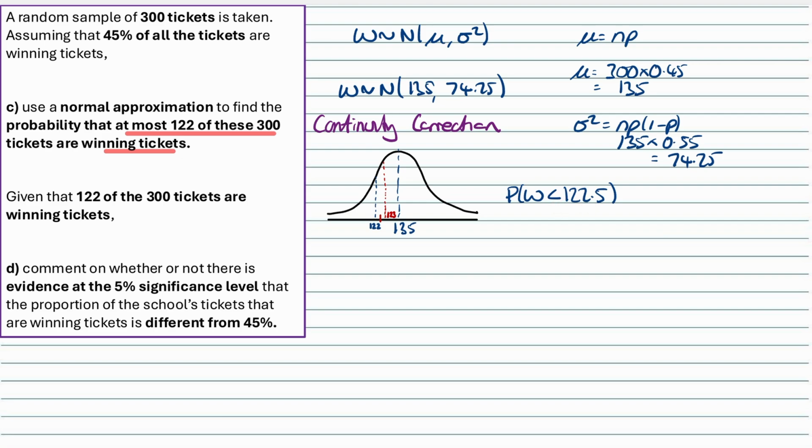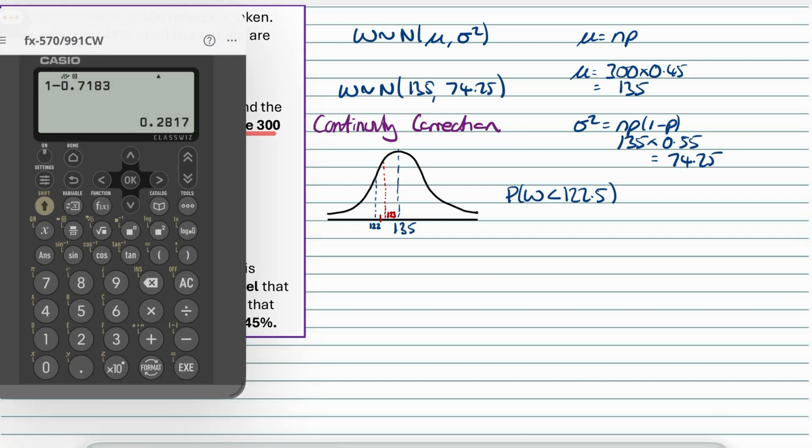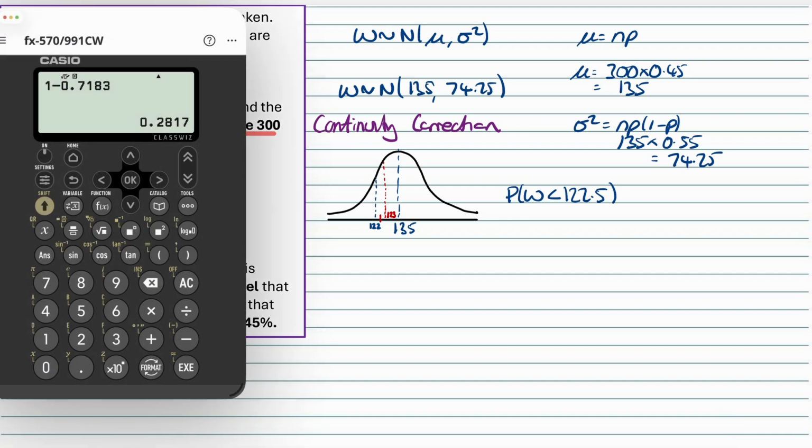So if we go back to our calculators, we want the normal distribution. Now the lower has to be 3 standard deviations below the mean, or anything less than that. So I'm going to enter 0. The upper is 122.5. The mean is 135.